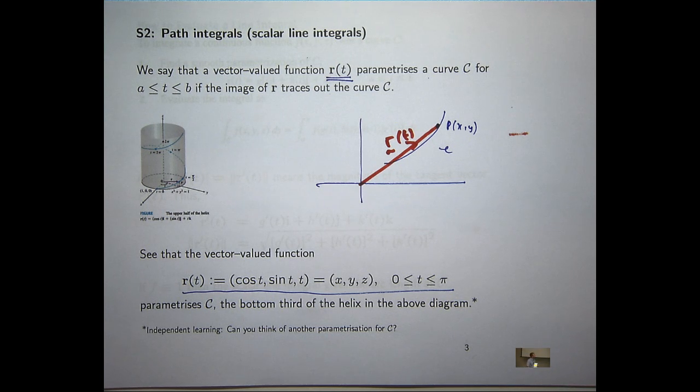Can anyone think of a different parameterization for that helix instead of this representation? Anyone? In terms of a vector valued function of one variable. Anyone? No? Well, I'll let you think about that for a while.